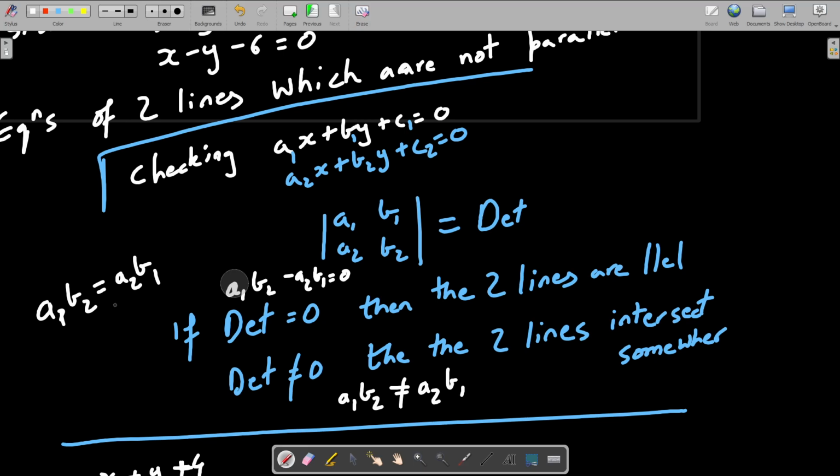Why this formula is given, they have not explained, but I have told you that the formula comes from a determinant. So it's better you remember the determinant than this weird expression. Keep in mind it comes from a determinant, and calculate the determinant. If the determinant is 0, then it is parallel; if not 0, they are intersecting somewhere.